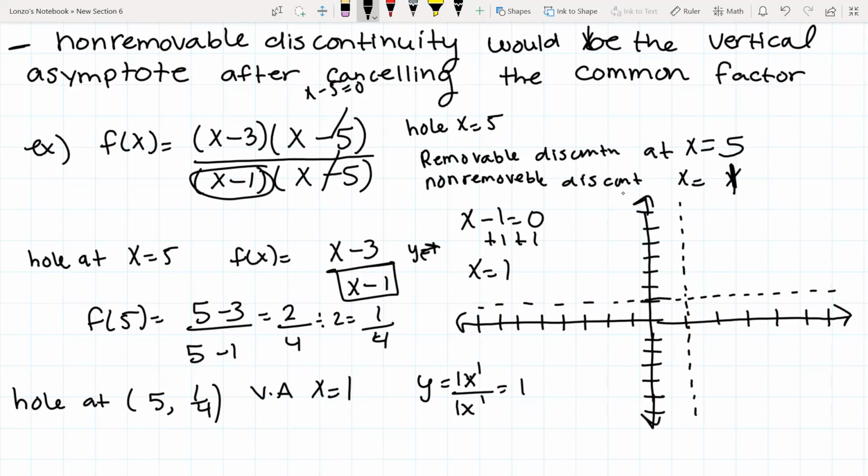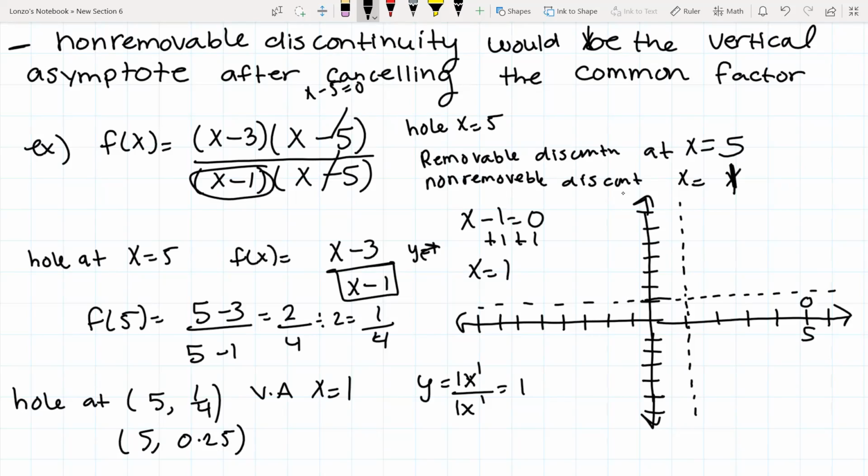Okay, and then you have a hole at 5, 1/4. 1/4 is 0.25. Here's 1, so 0.25 is right here.